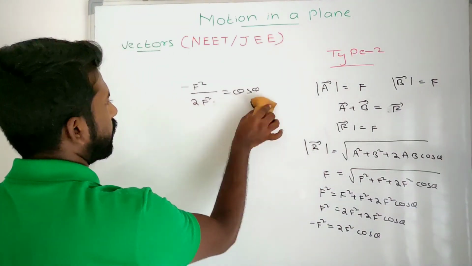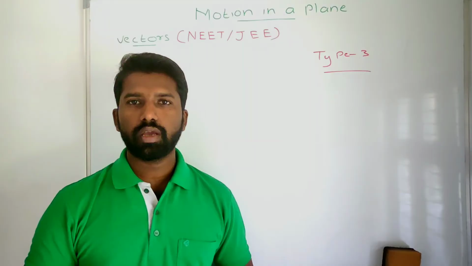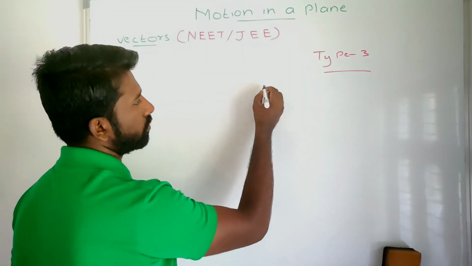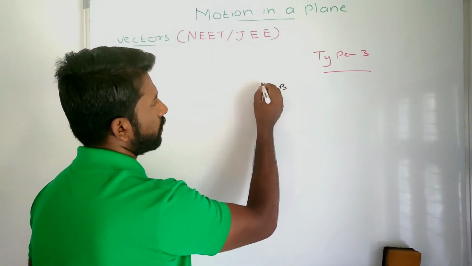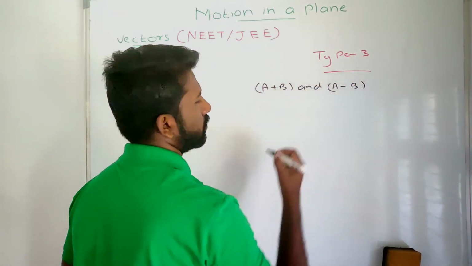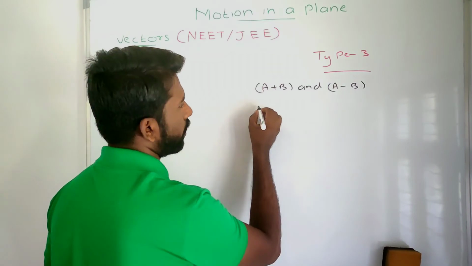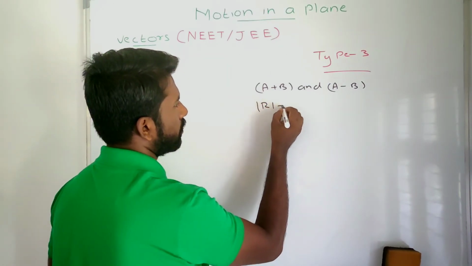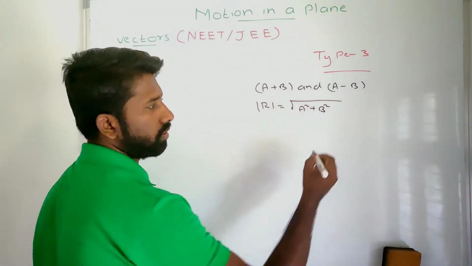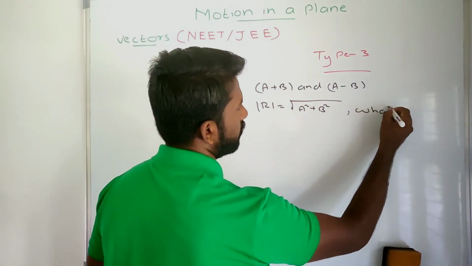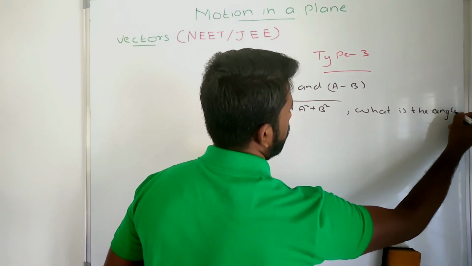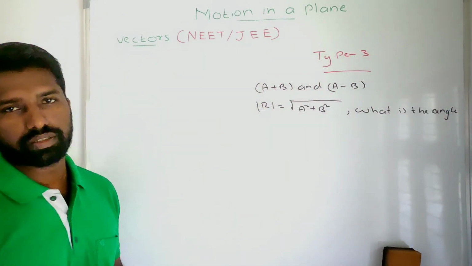Now we will see type 3 problem. Type 3 problem. Two vectors have magnitudes A plus B and A minus B, and the resultant magnitude is square root of A square plus B square. Then what is the angle between these two vectors?